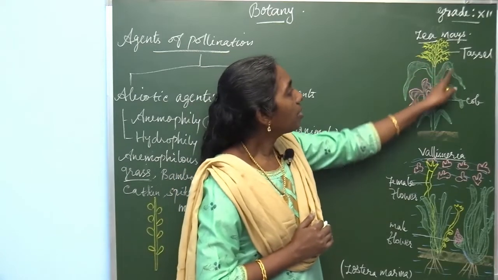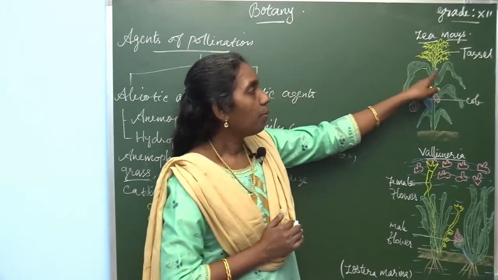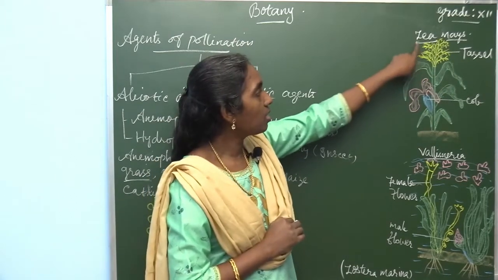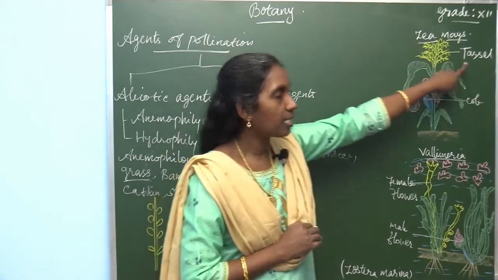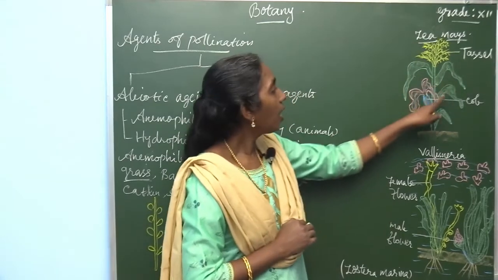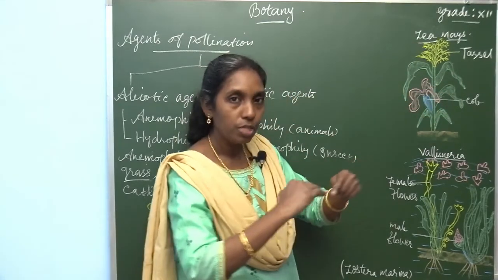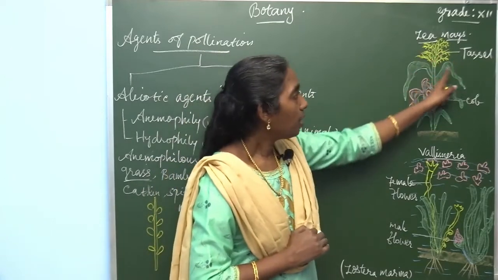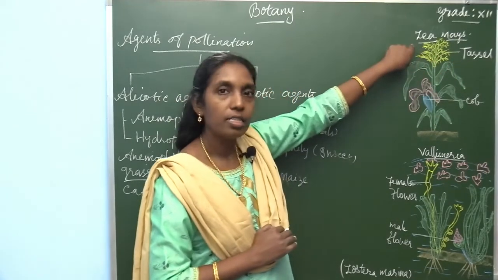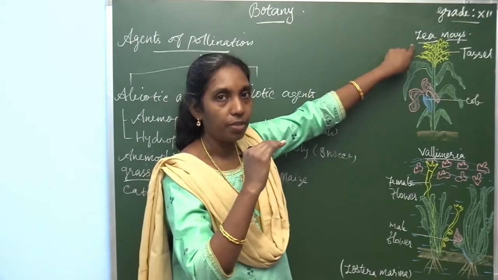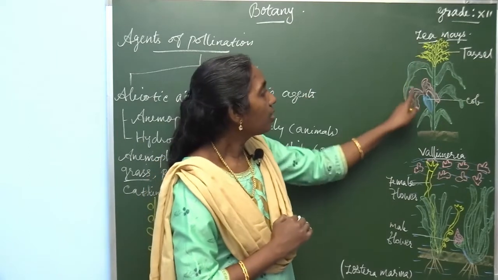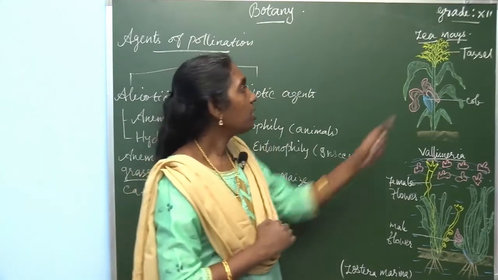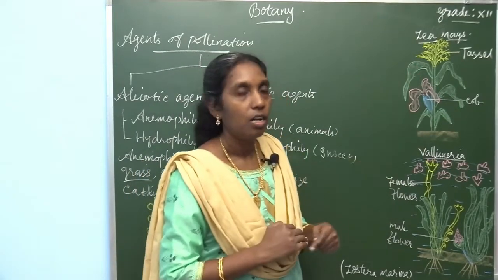And the nature of this tassel, the male flower, is that it is usually produced in the terminal region. The tassel is produced in the terminal region, and the cob is produced below this male inflorescence. The male inflorescence is produced at the terminal region, the top of the plant, and the female flower is produced at the base below this male flower.